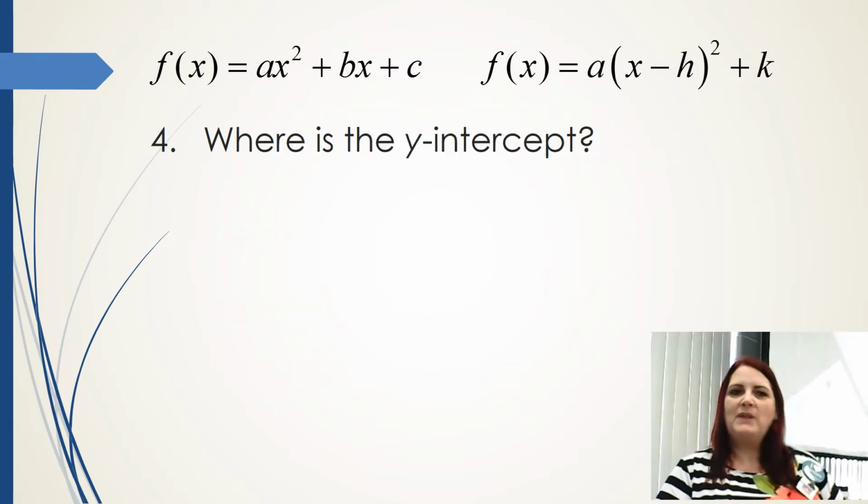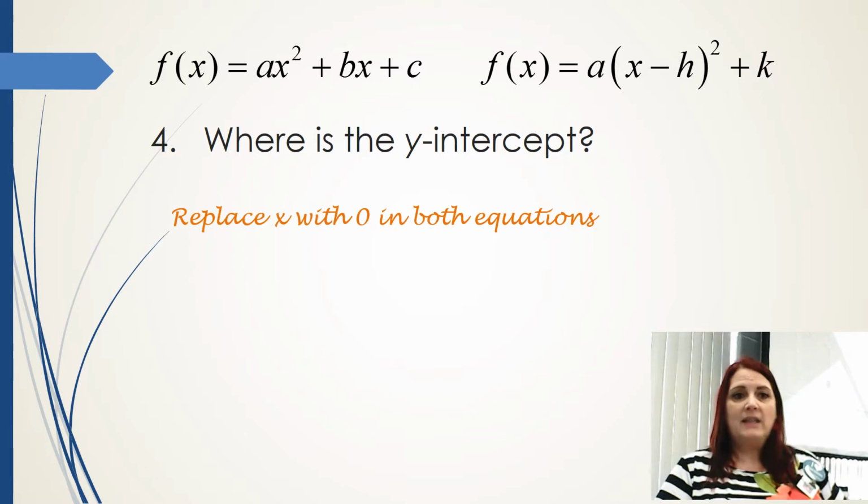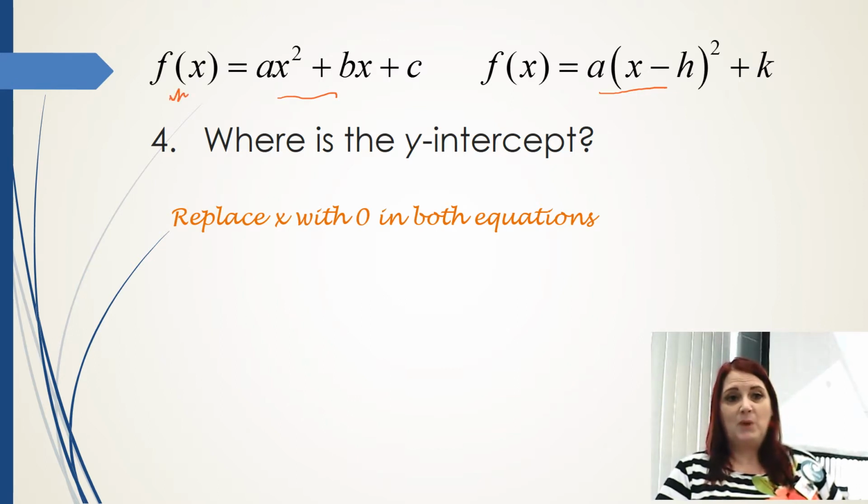One of the other points that we would like to plot is the y-intercept. Now, when we're looking for the y-intercept, that means that we're going to replace the x in each of these equations with a 0. So we're looking for f of 0. It becomes really simple in f of x equals ax squared plus bx plus c, because when you multiply anything by 0, it's going to be 0.